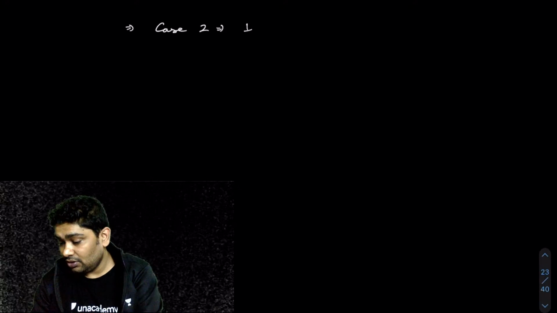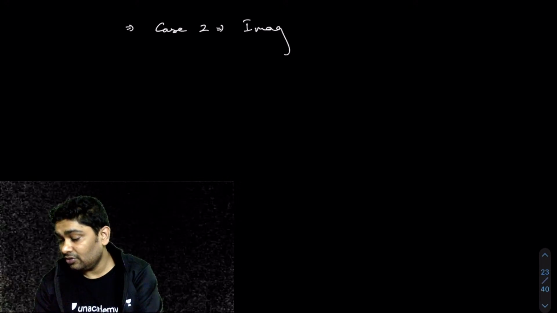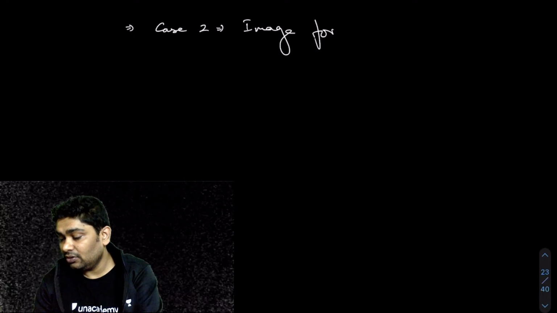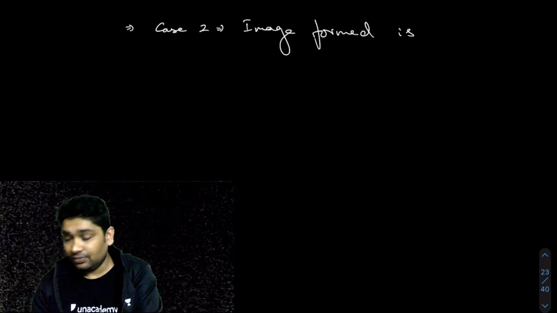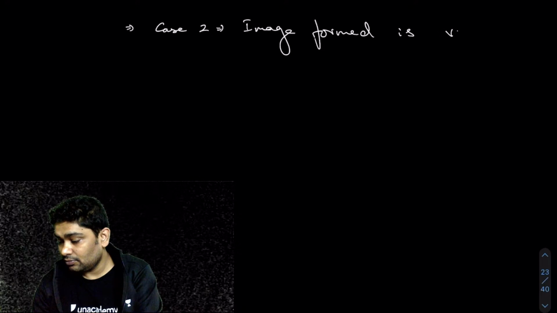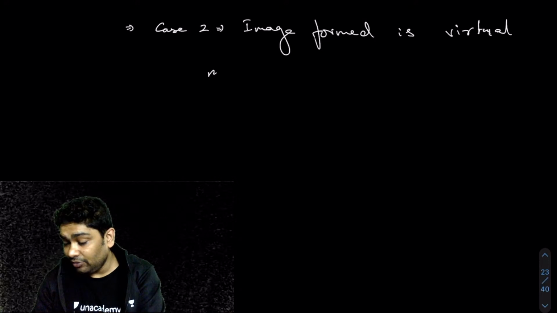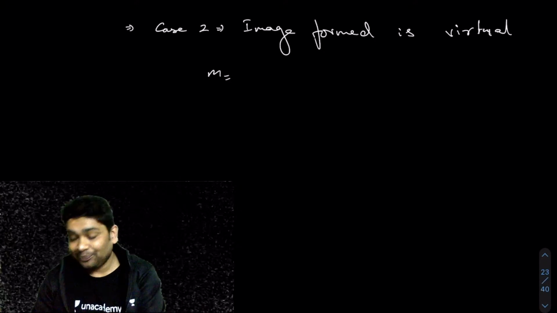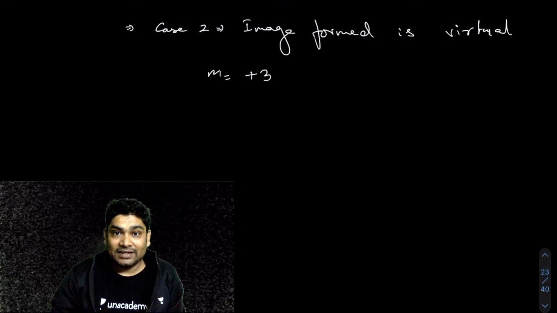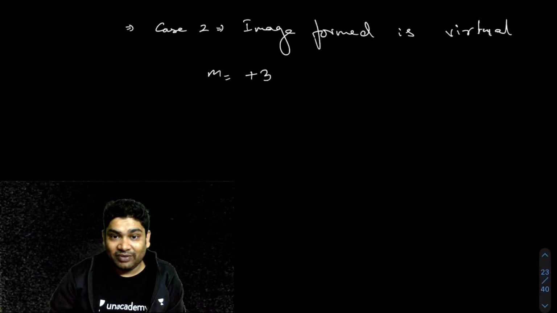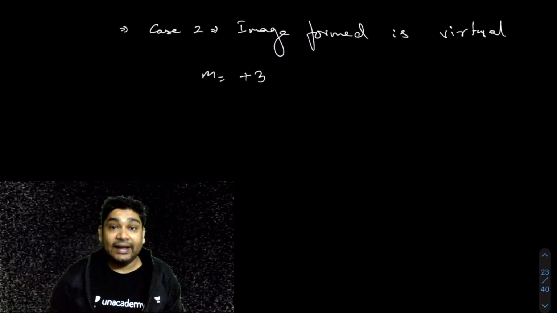Case two, image formed is virtual. So in that case, M would be plus instead of minus. M would have been plus because the image formed would be erect, right?